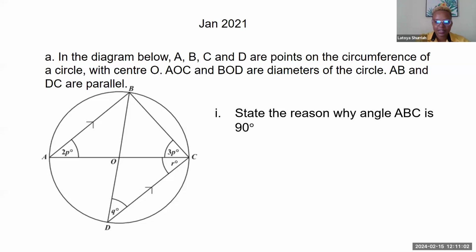This is not the rule word for word, but what I remember is that once the angle is on the diameter, because we have the diameter, which is AOC, then the point on the circumference would be 90 degrees. All right, I'll take that.